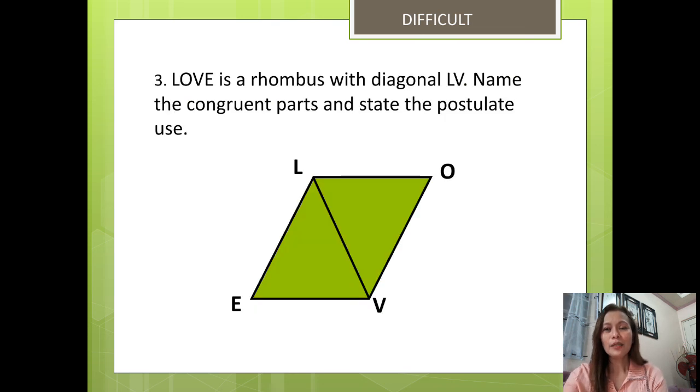Next, the third one. LOVE is a rhombus with diagonal LV. Name the congruent parts and state the postulate used. Okay.